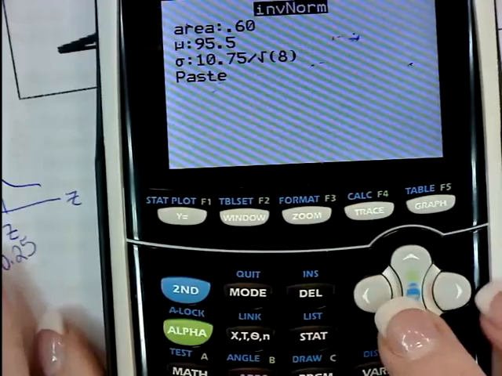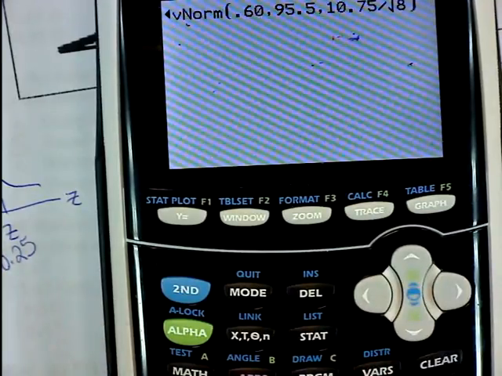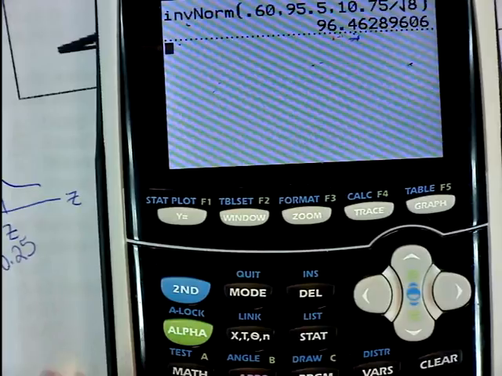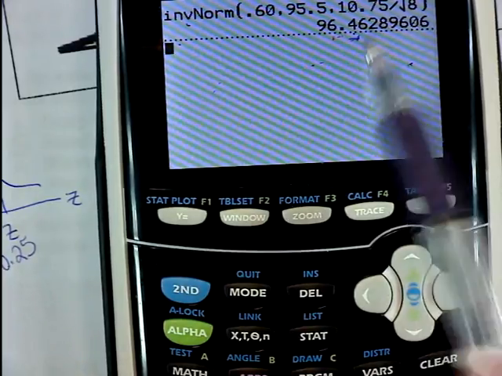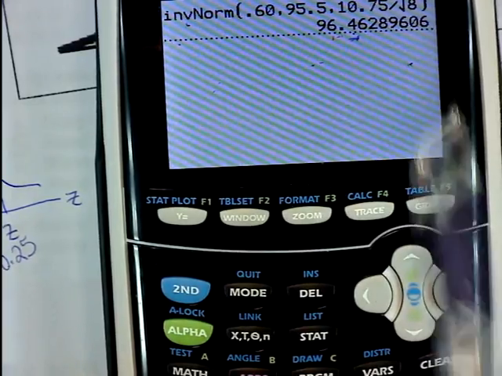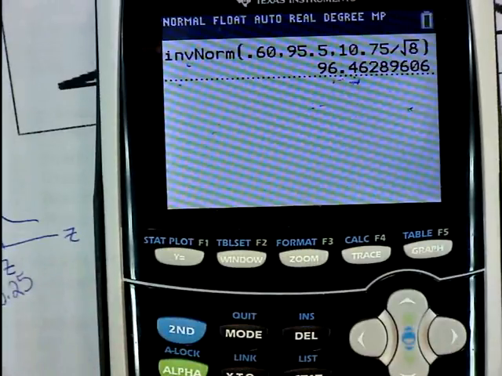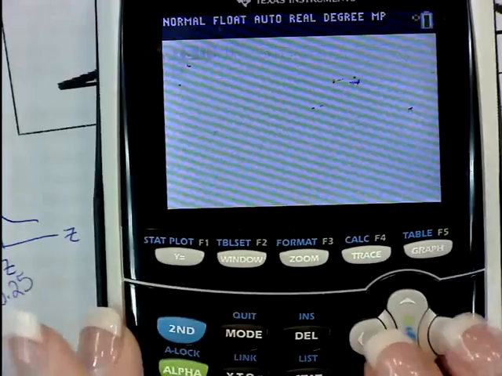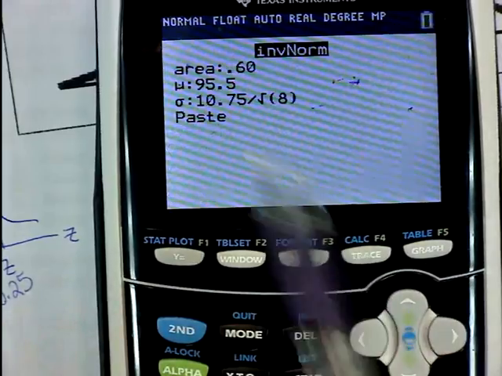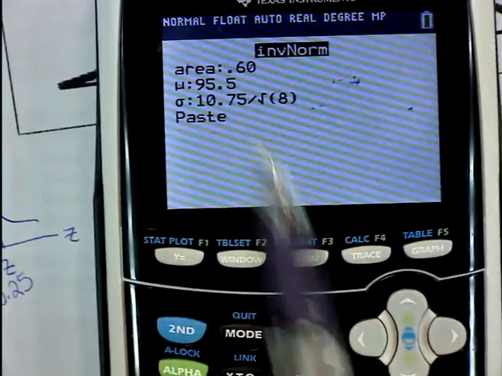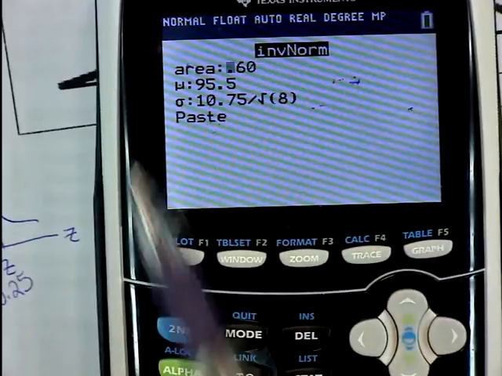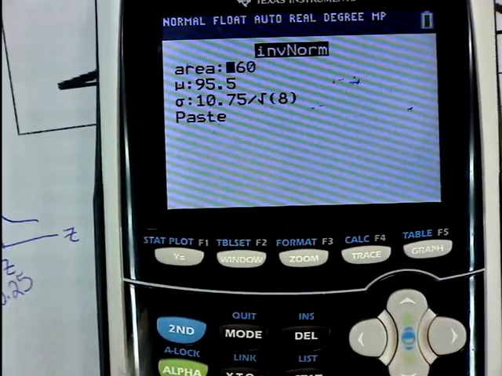And then paste. And then enter. 96.46 is what we have with the calculator. Again, invert the norm looks like this for this particular problem, number 5. Standard error of the mean goes in for your sigma. Sigma over the square root of n, because it is a sampling distribution problem.